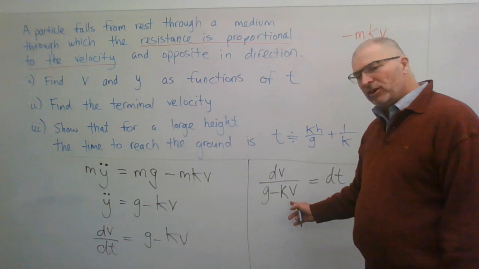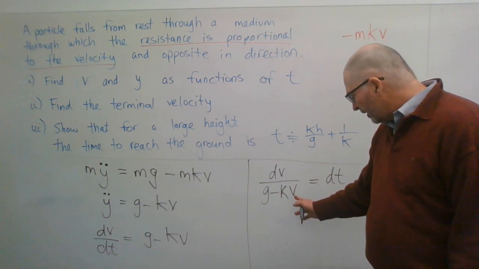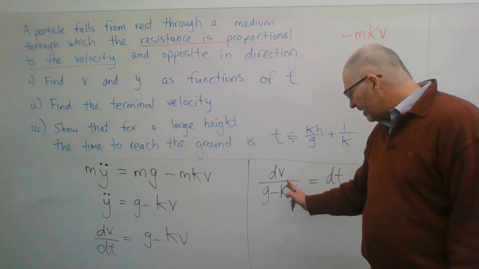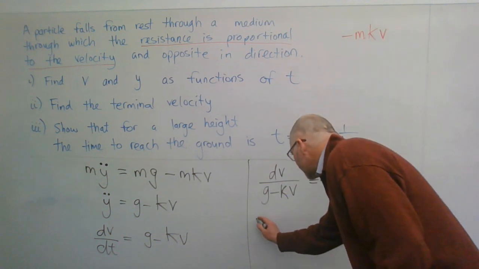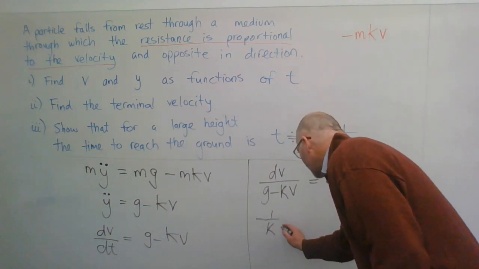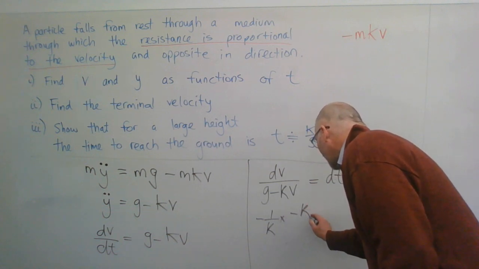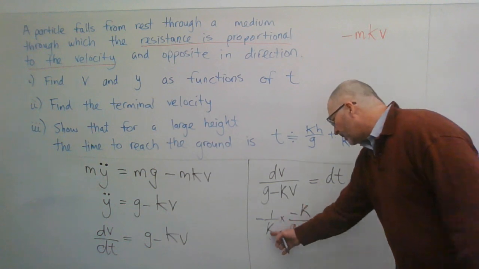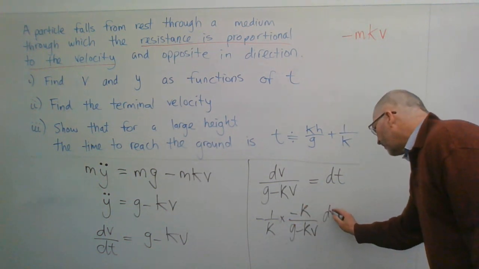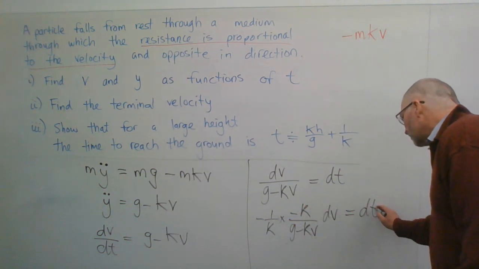Now, the derivative of the denominator is actually minus k. So I need that on the top. So I'm going to just say minus 1 on k times minus k on g minus kv. So they're just sort of cancelling each other. dv is equal to dt.